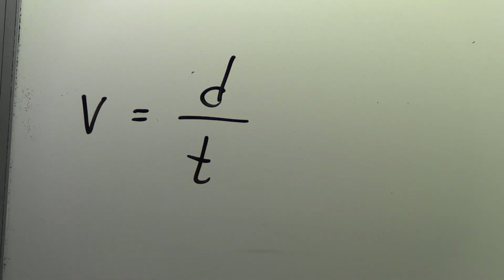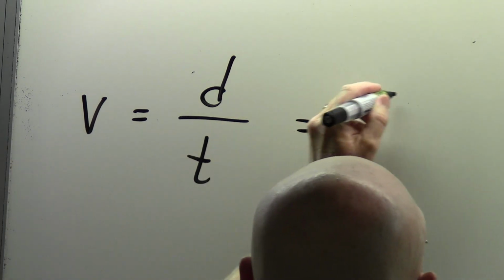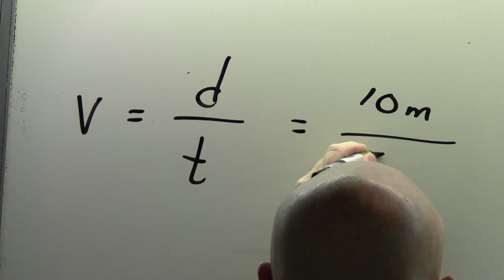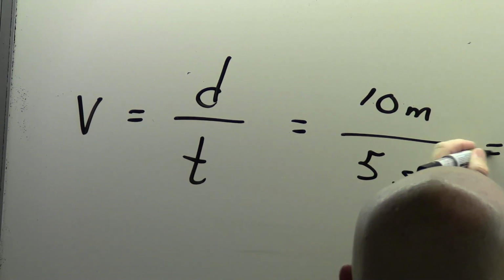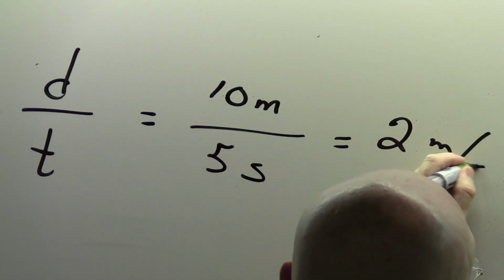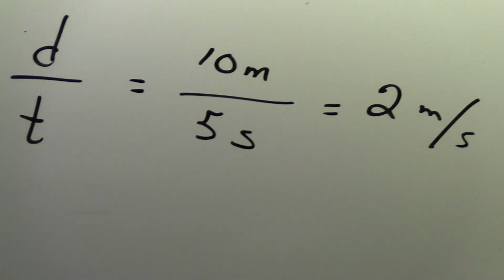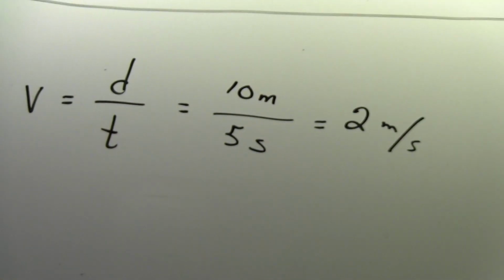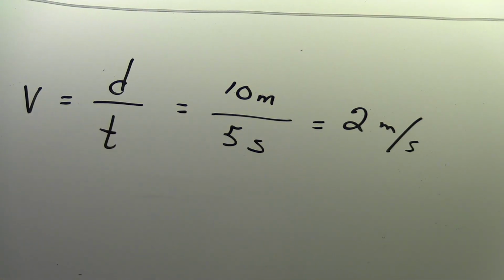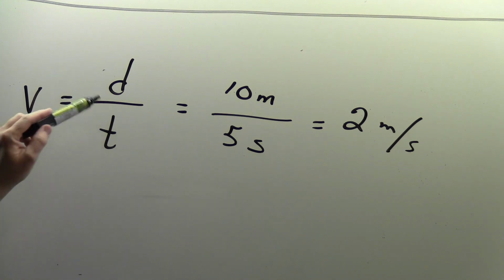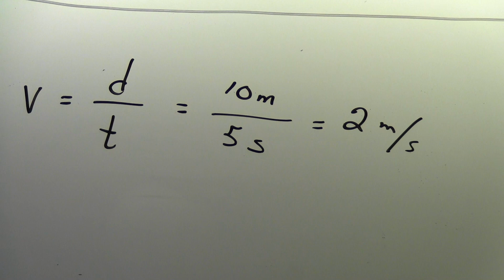And that's what I just did. I gave you the fact that I went a distance of 10 meters in 5 seconds and came out with 2 meters per second. But as you'll see when you do the homework for this chapter, if you are given any 2 of these, you should be able to find the third.